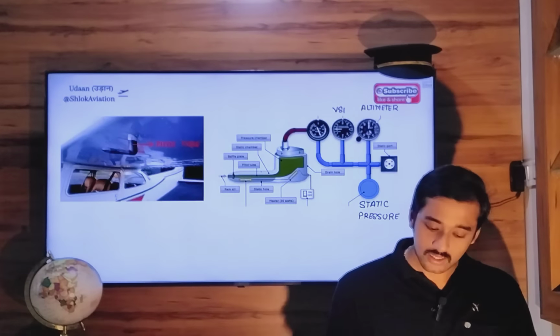And this expansion and contraction of the aneroid capsule will be transmitted in the form of levers, mechanical linkages, and the airspeed indicator pointer will move accordingly.